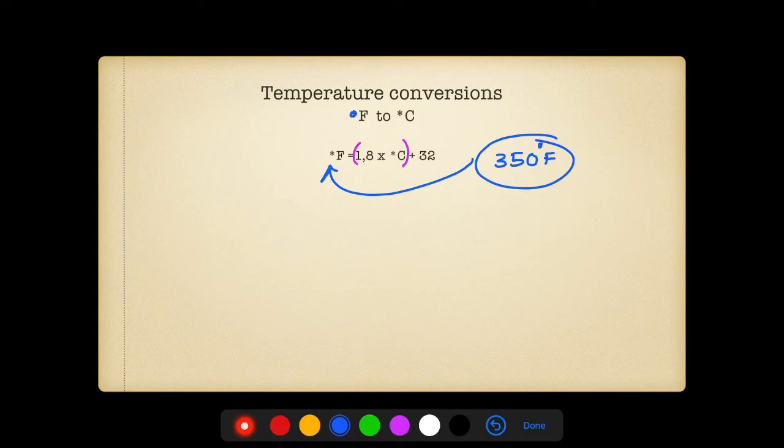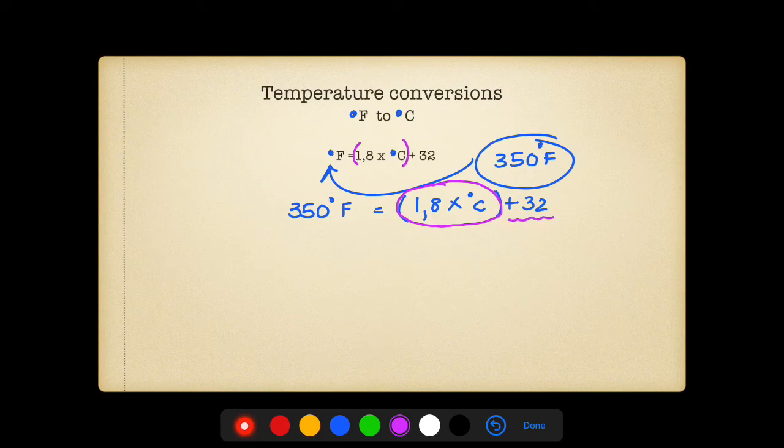And again, remember these stand for degrees. Right, so I'm going to get 350 degrees Fahrenheit equals 1,8 times degrees C plus 32. Now you'll see why I said keep this in a bracket, because I can't do anything with that. I've first got to deal with the 32.